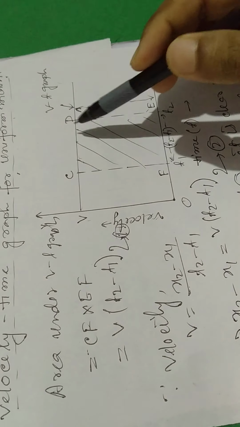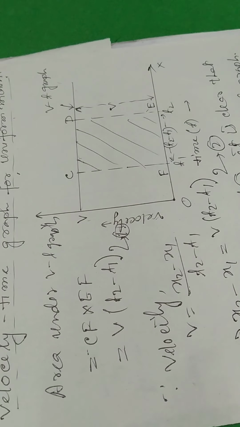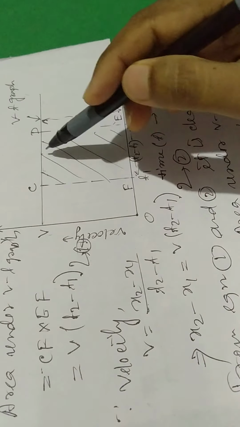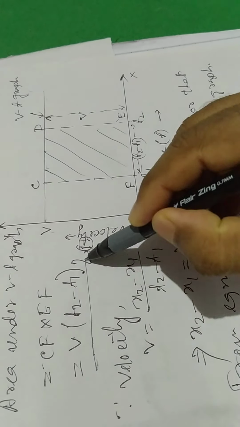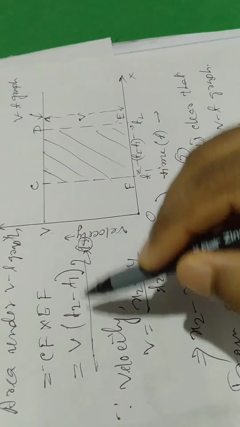Here we are going to calculate the area under the v-t graph. The area is v times (t2 minus t1). Again, from the definition of velocity, v equals (x2 minus x1) divided by (t2 minus t1), that is x2 minus x1 equals v times (t2 minus t1). So x2 minus x1 is the displacement.